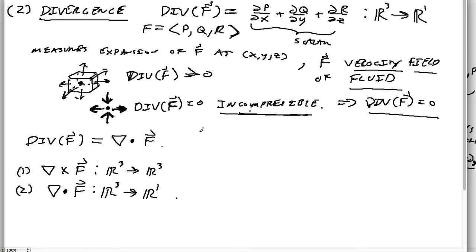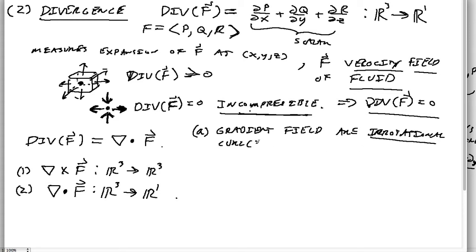So one of these relationships, I'll put this in A, is that gradient fields are irrotational. That's what we call it when curl of f is equal to the zero vector. What do we mean by gradient fields?